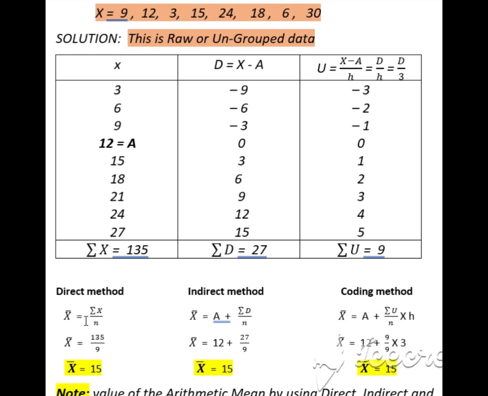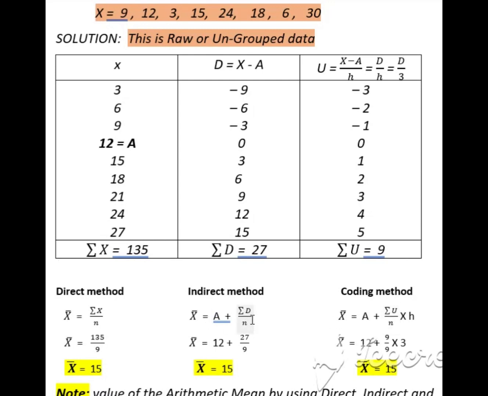In direct method we use only capital X. In indirect method we use capital D instead of X. And in coding method we use capital U instead of X. Now the other difference is, for indirect method and coding method always add plus A. And in coding method, multiply by H. This is the extra step, multiply by H.